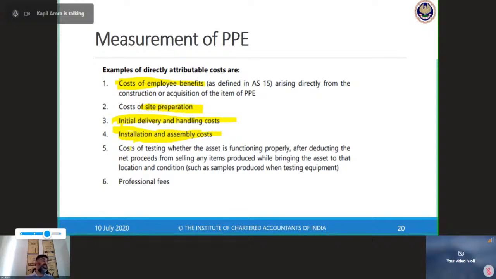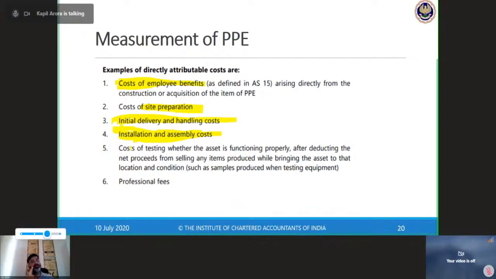Any installation and assembly cost, right? Cost of installation. I got the machinery from China, but that has to be installed also. So for installation, I have called somebody else, or that vendor is also providing the installation service where he is charging a separate amount. So that separate amount will also be added in the value of asset.